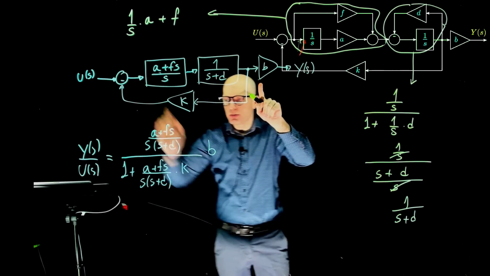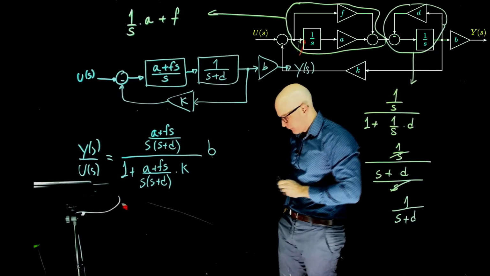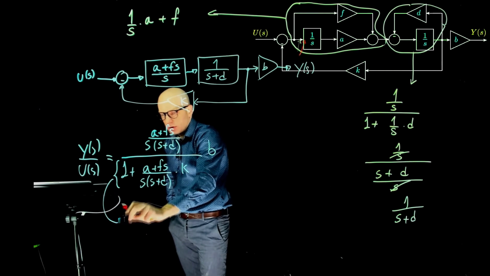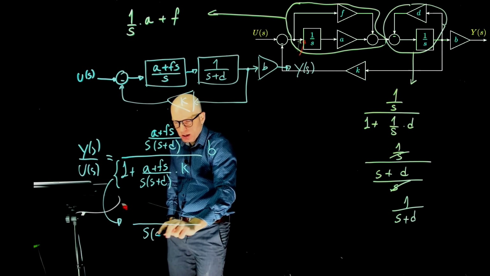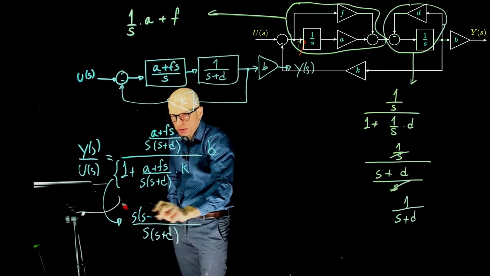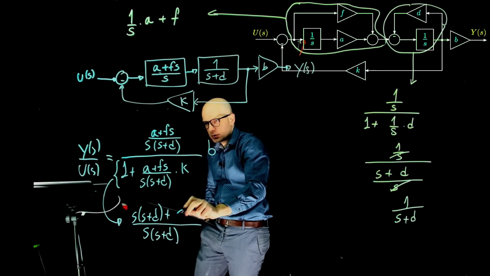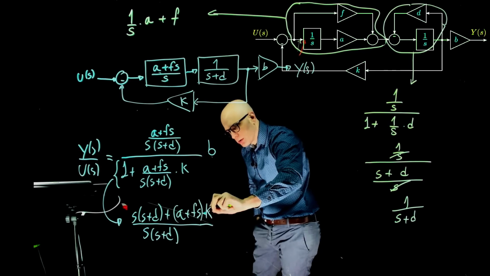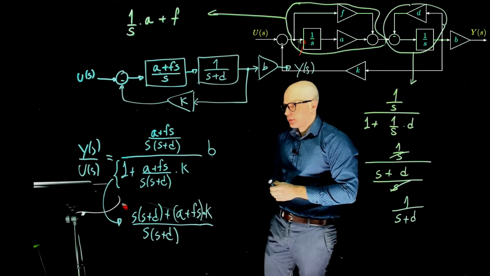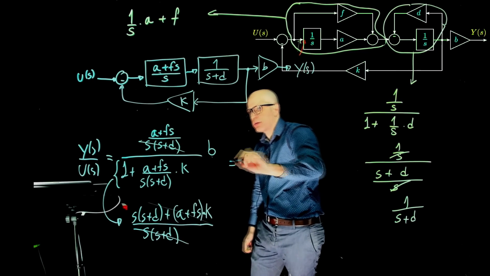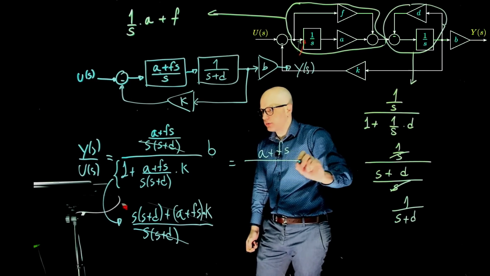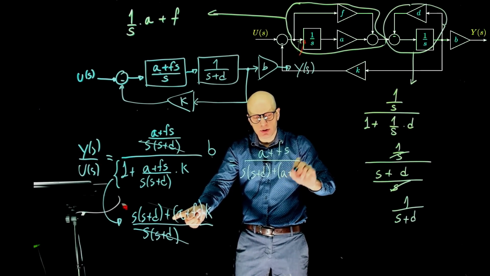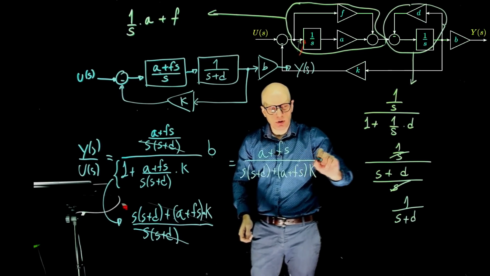And this will now be in cascade with B. With this, we can find a common denominator for this portion, and the common denominator there is simply S plus D. So this is S plus D plus A plus Fs times K. So this cancels that and simplifies to A plus Fs divided by S plus D plus A plus Fs times K, all times B.